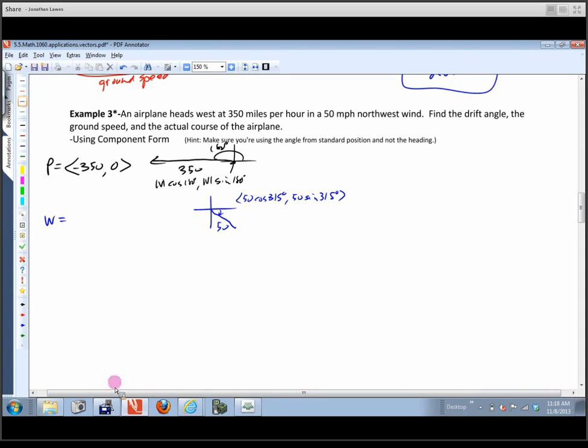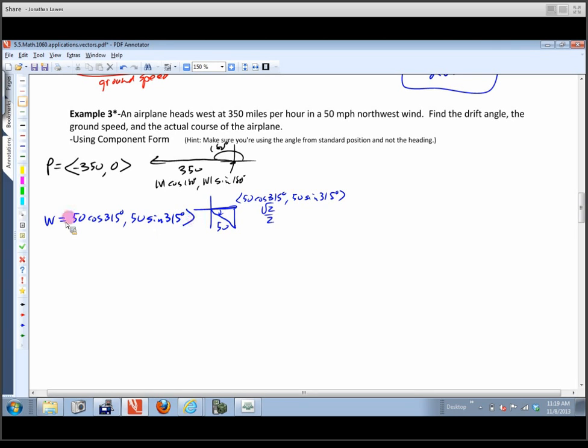Now, it's pretty easy to tell that this is going to be a negative vertical component and a positive horizontal component. So guess what 50 times the cosine of 315 is? Well, the cosine of 315 is positive radical 2 over 2. So this is going to be 25 radical 2, or I'm just going to leave it as 50 cosine 315, comma, 50 sine 315.